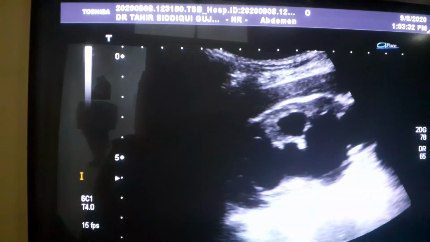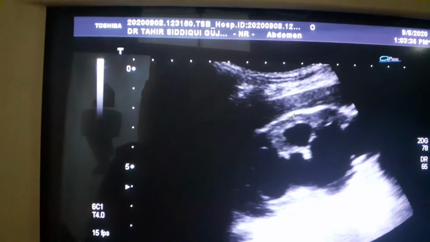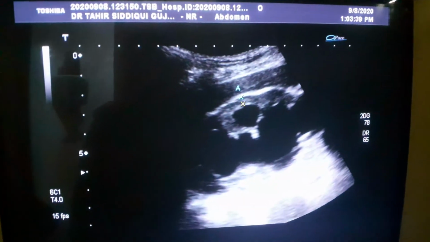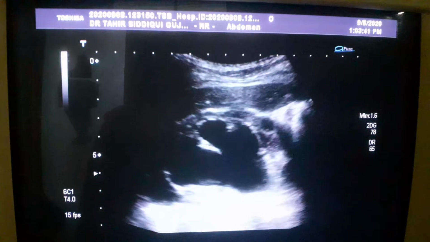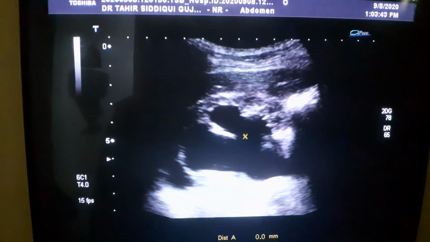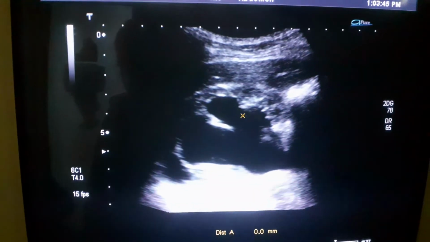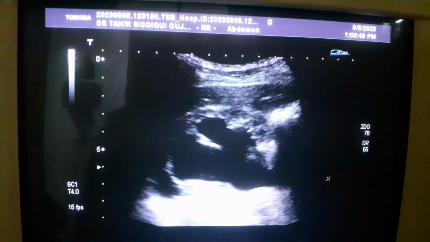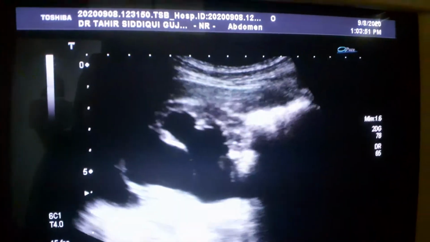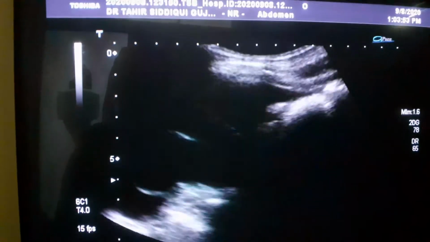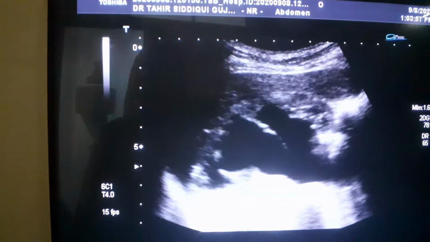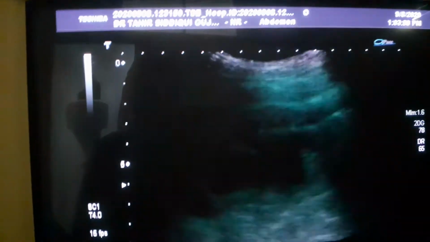Parenchyma is there, but the cortex measures 3.8. You see these are the dilated calyces, this is the pelvis, this is the ureter emanating, and it follows the course down up to the level of the urinary bladder that I've just shown you.